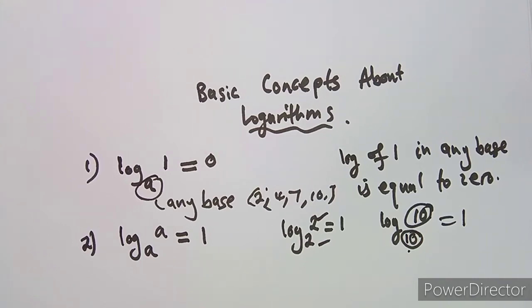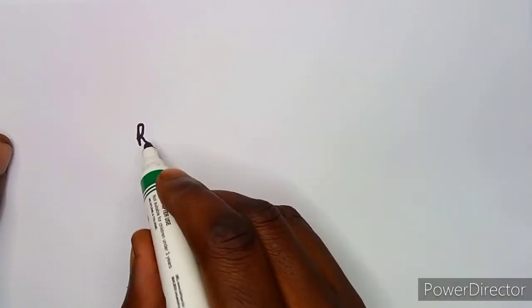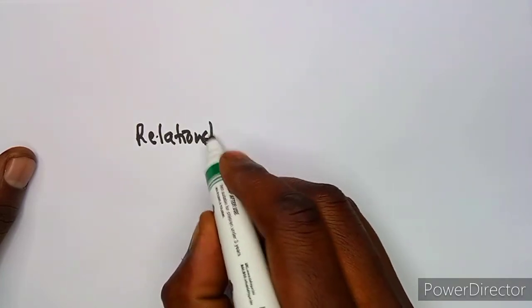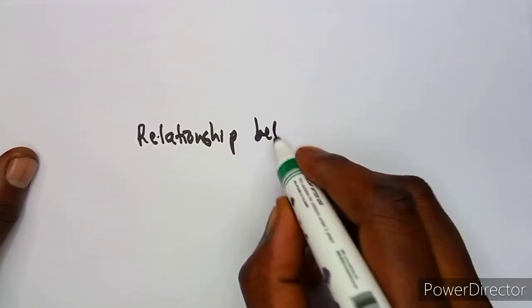Then all the other concepts, you're going to work from them, from the idea also of exponents. Remember, this is exponents and that's logarithms. That's why you need to know the relationship between these. So using this concept, we also have this relationship between the exponential form and the log form.